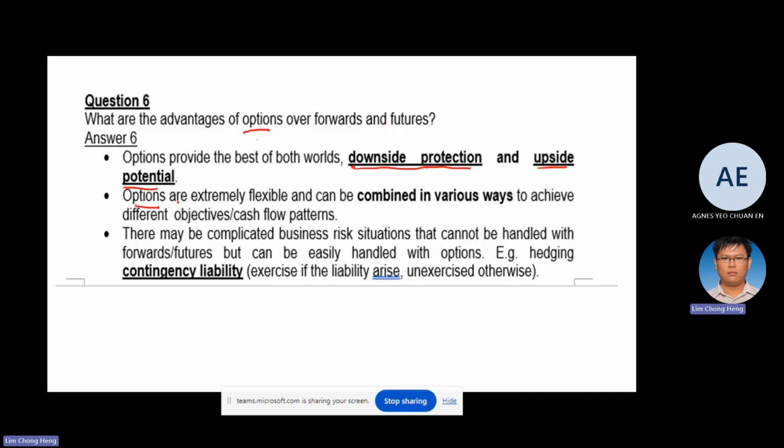And then the option is very flexible. You can combine different options to achieve your different objectives or cash flow. For example, in this topic, you will study the interest rate cap, interest rate floor, and interest rate option.